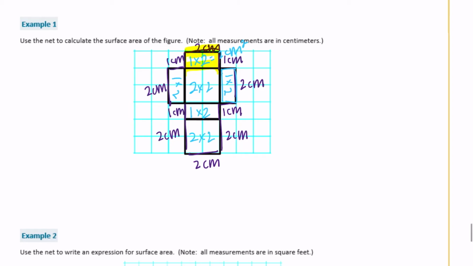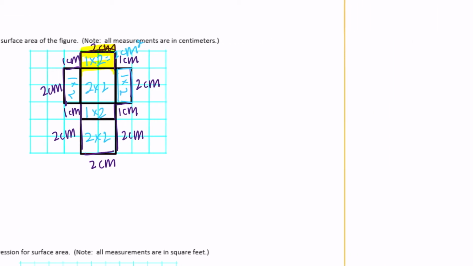So I'm going to solve over here because there wasn't enough space. Actually, you know what I'm going to do? I'm going to count how many 1 by 2s I have. I have 1, 2, 3, 4. So 4 groups of 1 times 2 plus 2 groups of 2 by 2.